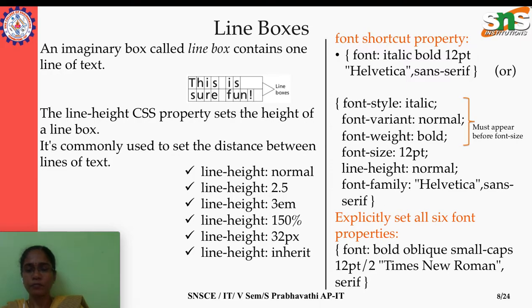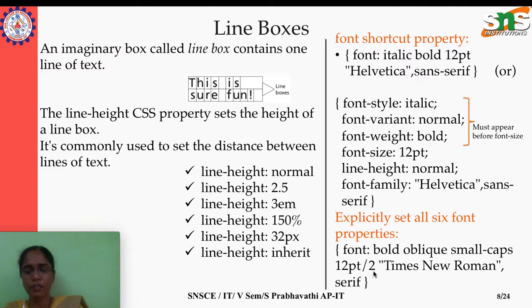And one more way: apart from the default value, if we want to give the line height, there is a slightly different way to mention it. Line height is mentioned immediately after the font size, 12 point is the font size, followed by a slash and the value of the line height.